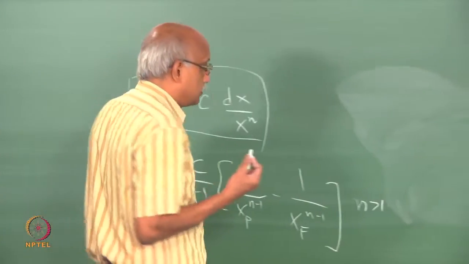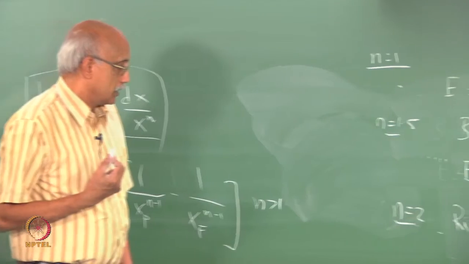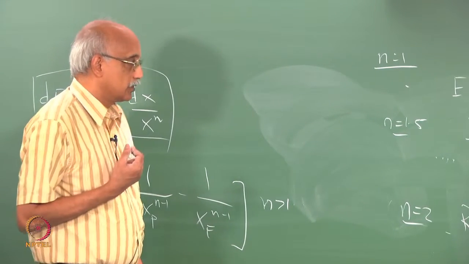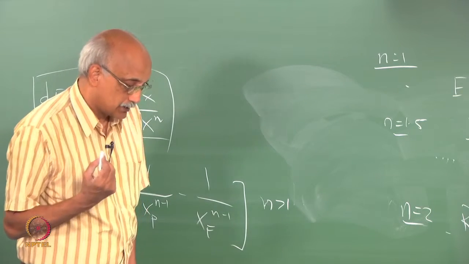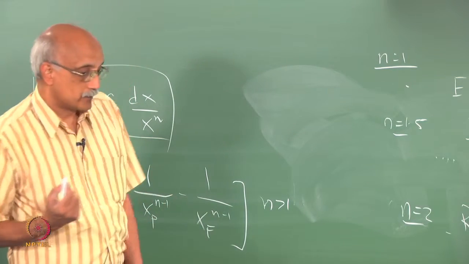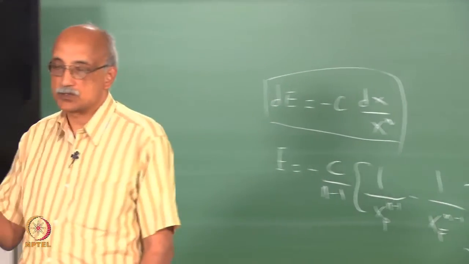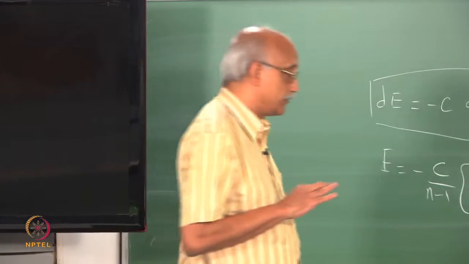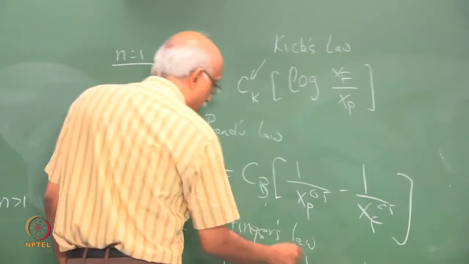What is the physical implication of these laws? The first thing that you will realize looking at these laws is that the energy required is related to a mean size after size reduction and a mean size before size reduction. And by the way, the mean sizes are defined differently in these laws.